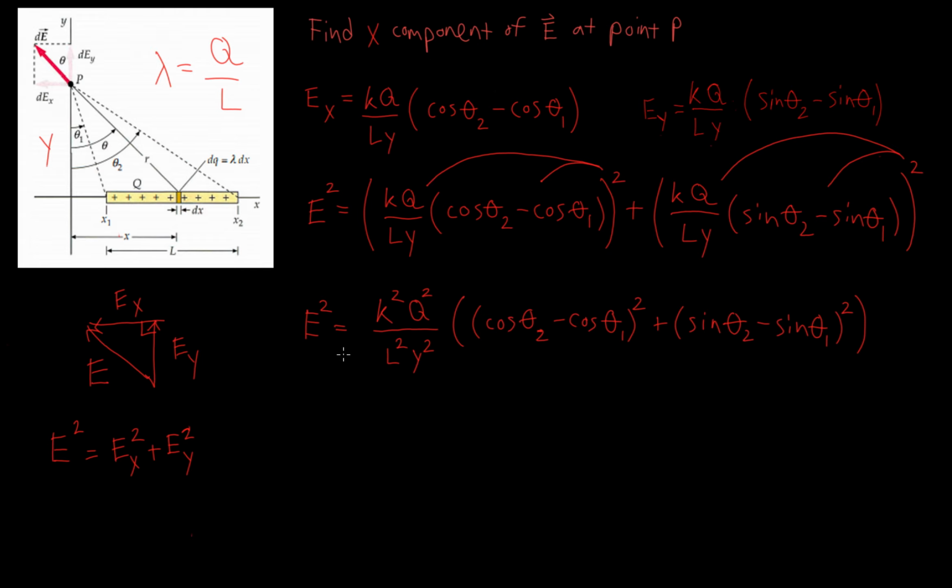Notice that when we take the square root of both sides, we can take this entire expression out of the square root, because each of these variables is squared. So we can just take those out of the square root.